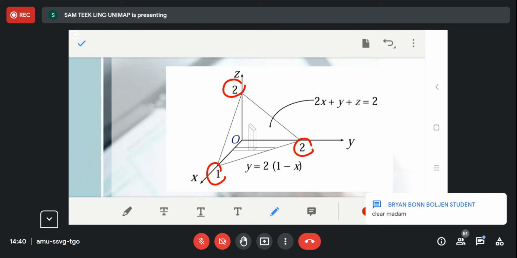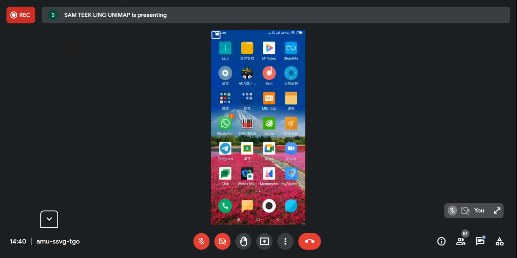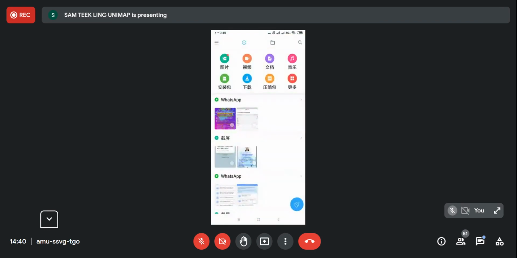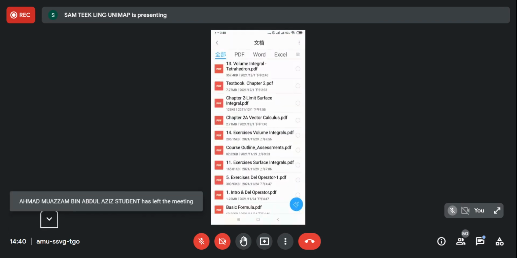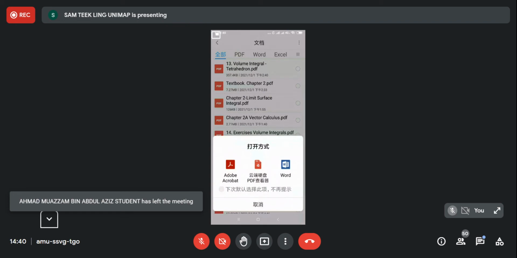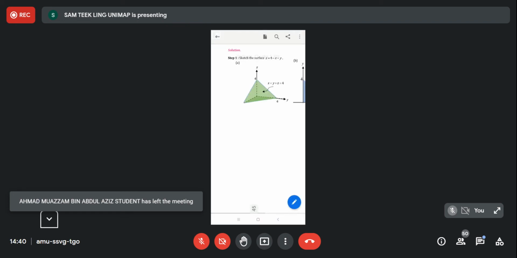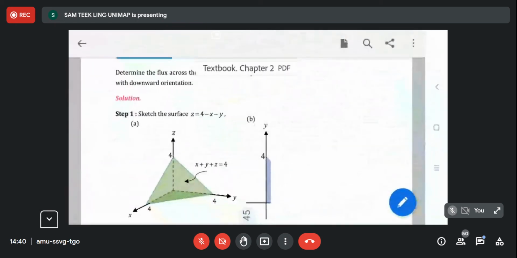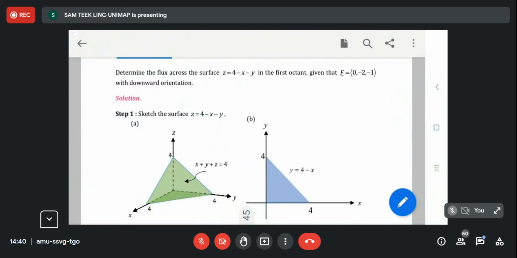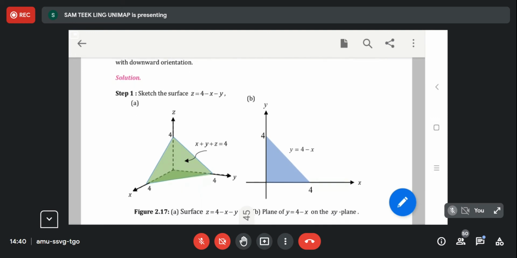So this one, tetrahedron, how to sketch? We go back to our surface. If you know how to sketch, you need to sketch first, whether for a surface integral, for volume, or for your theorem. So for safety, we sketch. After you sketch, you got this one.